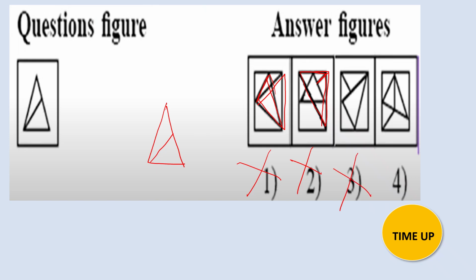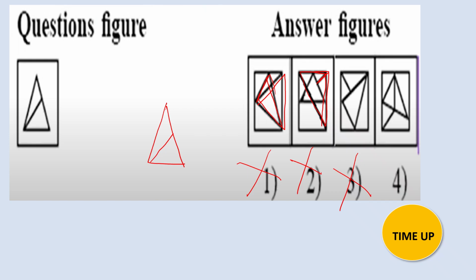Option 4, if you check properly, you can't find the exact image. When you increase or decrease the size of the image also, you can't find it actually. When you rotate the image, okay, so here rule 3 is applied. When nothing works, rule 3, that is rotation of the image, you need to apply.